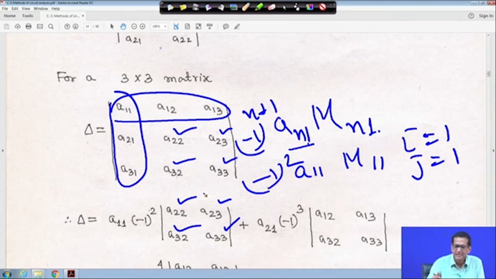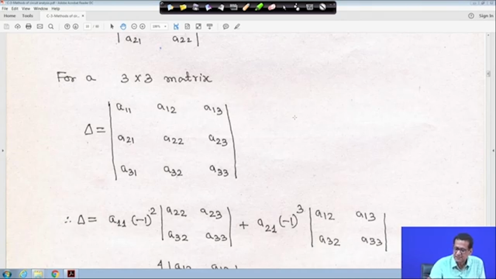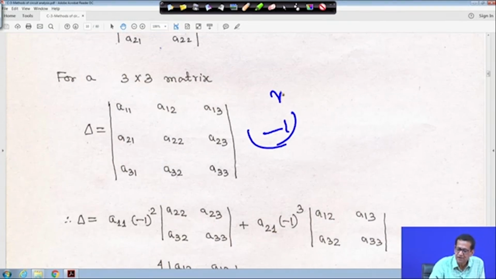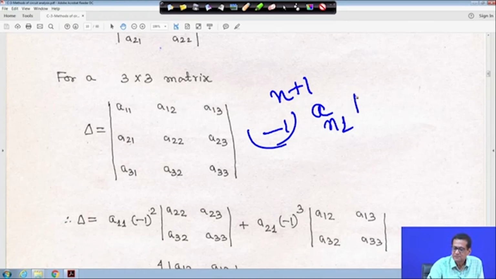The second one, let me clean it. In the second one, it is again the same term we are writing, minus 1 to the power n plus 1, then a n 1, then m n 1, right.